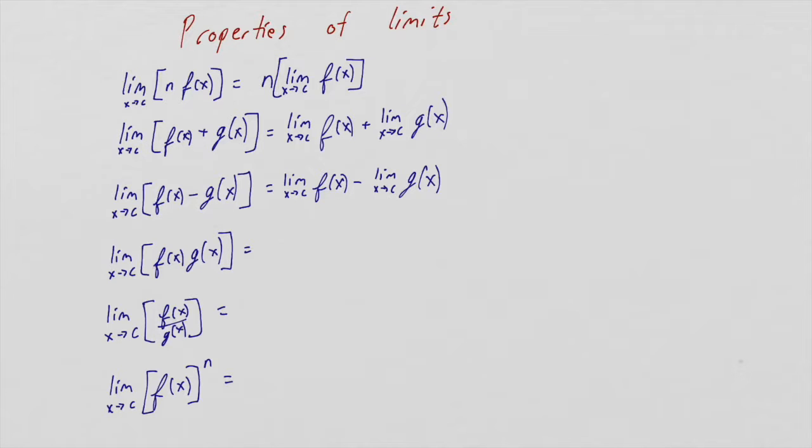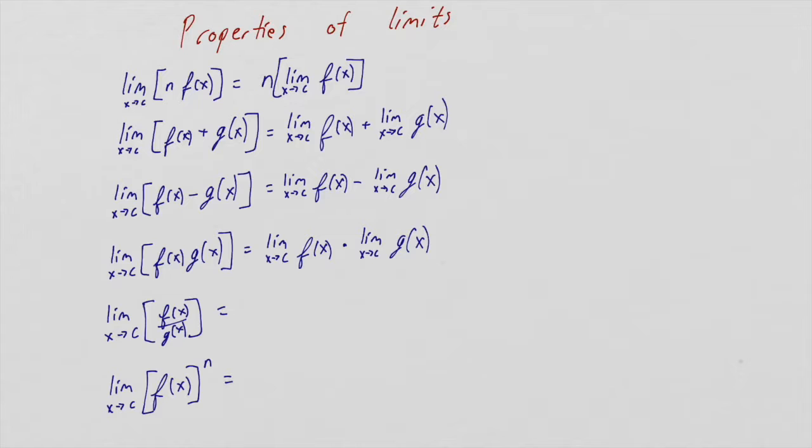If we have a product of two functions, multiplying the two together and then evaluating a limit is going to be the same as evaluating the limit of each of them separately and then multiplying those results together. So this is the same as doing the limit as x approaches c of f of x times the limit as x approaches c of g of x.